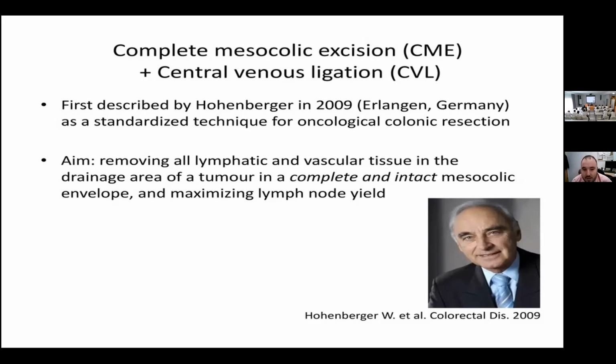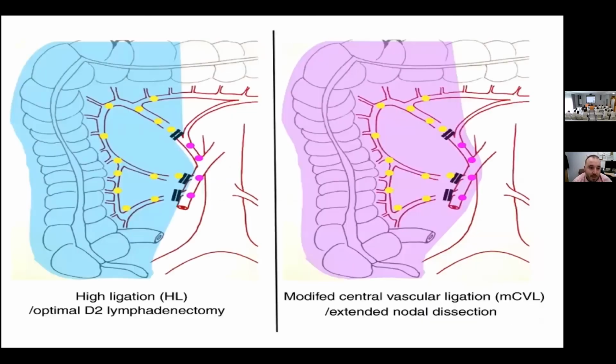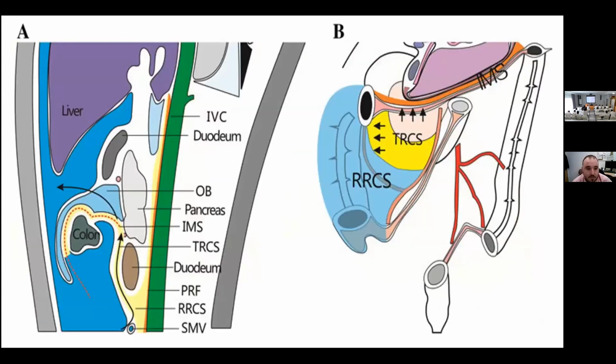Mr. Hohenberger is saying that there is a posterior peritoneum that covers the large bowel from the surrounding tissue, which needs to be attacked when you're talking about the CME plane. And as you can see here, depending on where the tumor is localized and how many lymph nodes have been involved, this is the area where we're talking about the high ligation of the ileocolic pedicle.